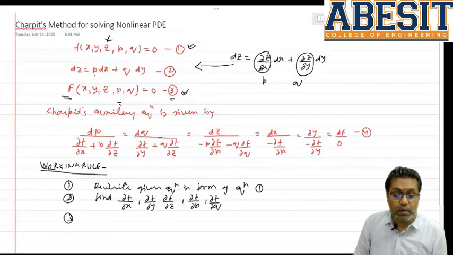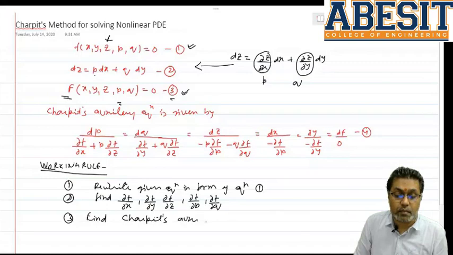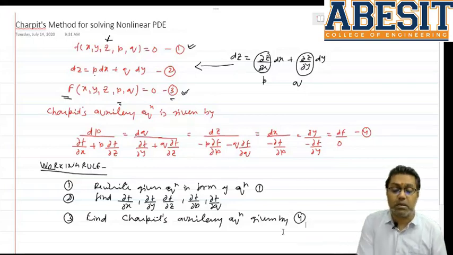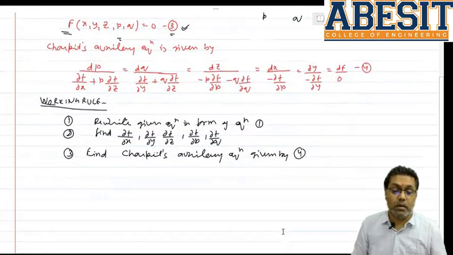Third, find Charpit's auxiliary equation given by equation number 4. Okay.